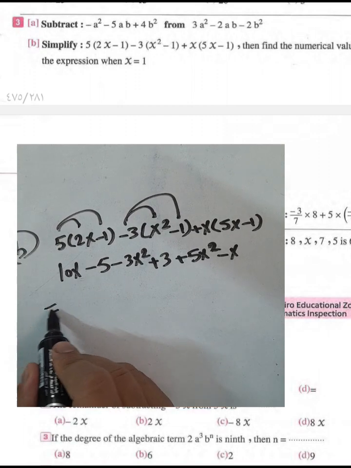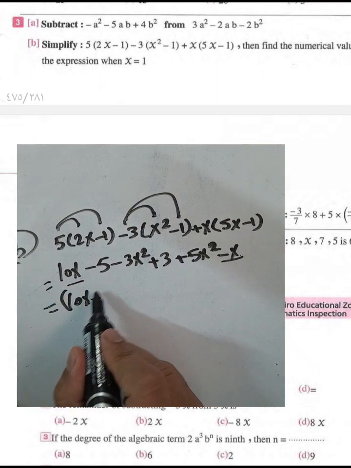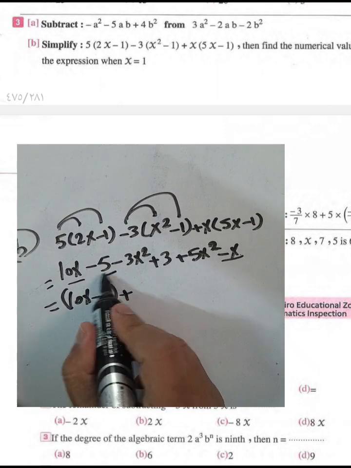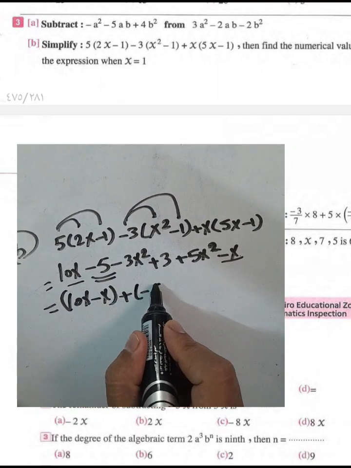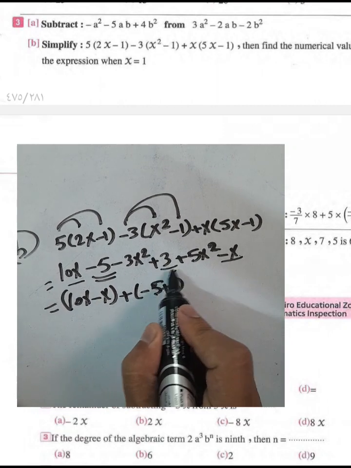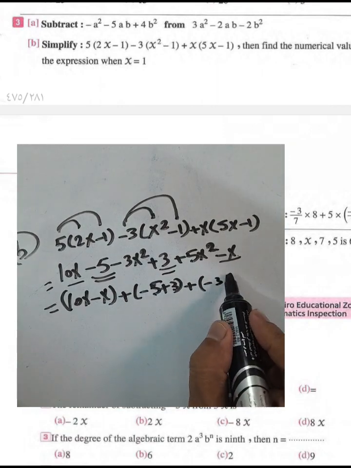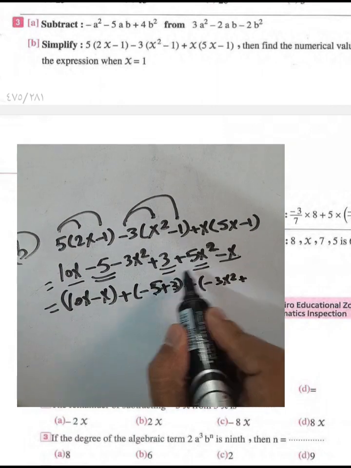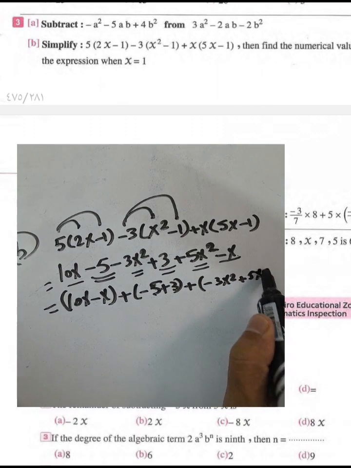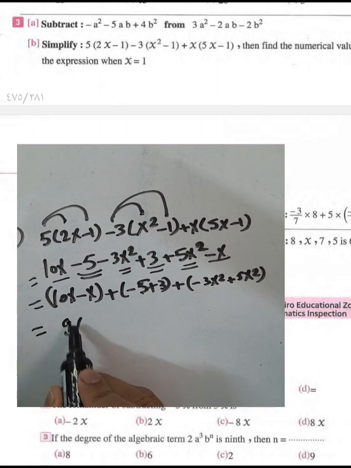And then write 10x minus x, and negative 5 plus 3, and negative 3x power 2 plus 5x power 2. 10x minus x will be 9x.